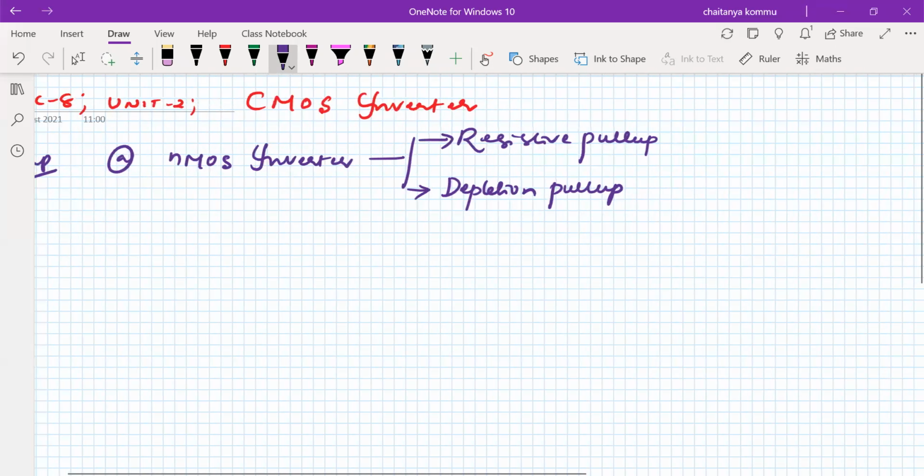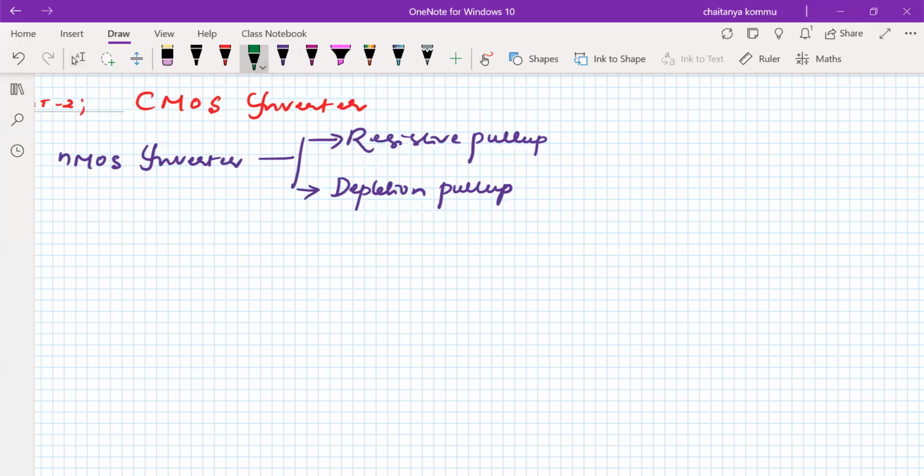So we found a basic problem with this approach: more area, and high power consumption.